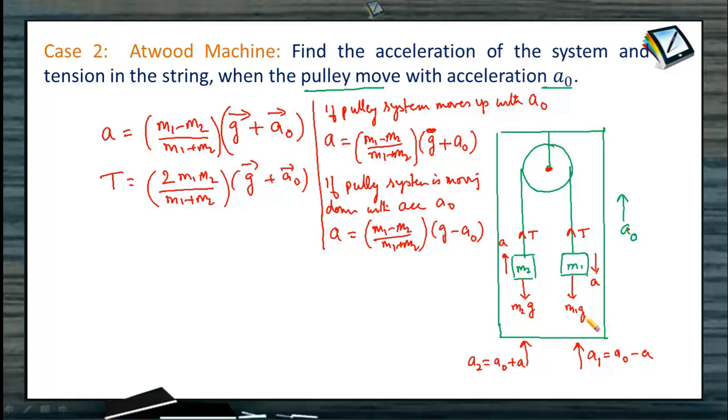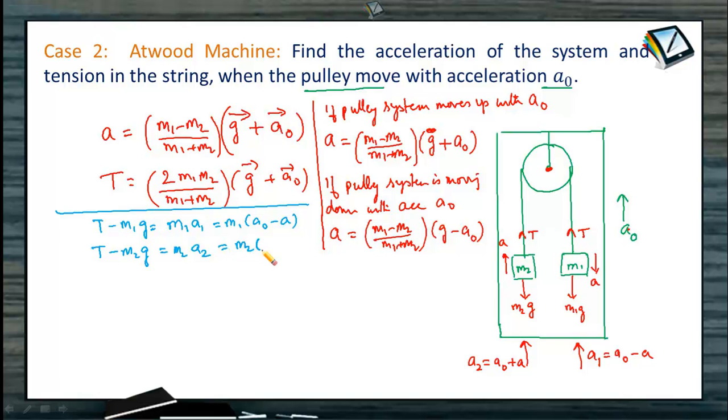So if I write free body equations using these accelerations A1, A2, for mass M1 it will be T minus M1G is equal to M1 into A1, or I can write M1 into (A0 minus A). T minus M2G for the second body is equal to M2 into A2, or M2 into (A0 plus A).